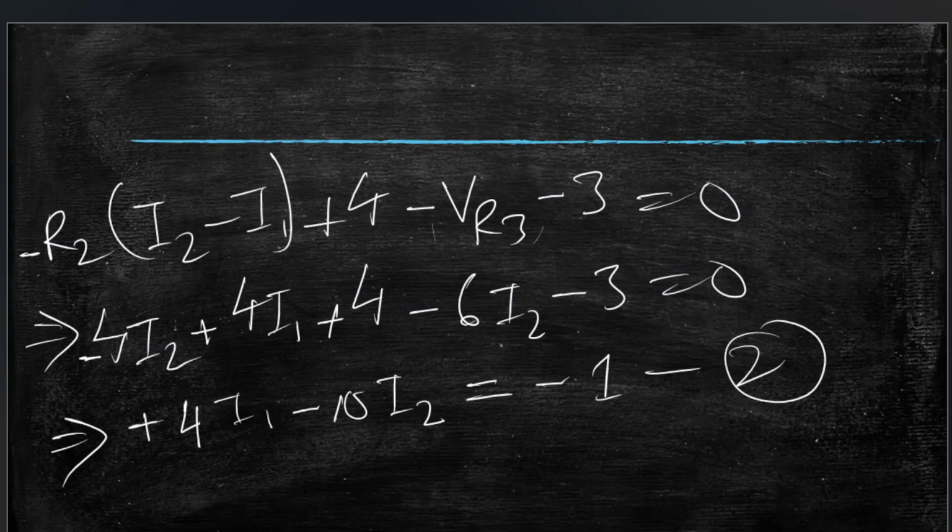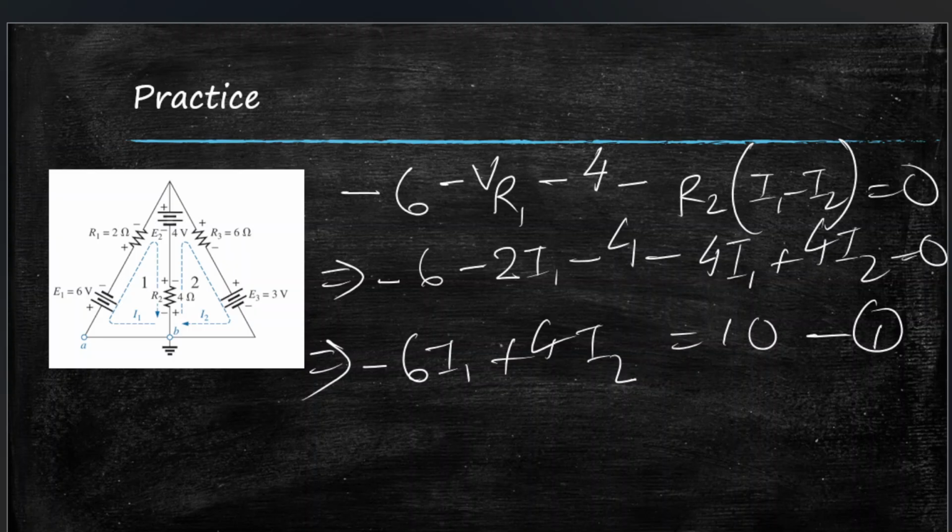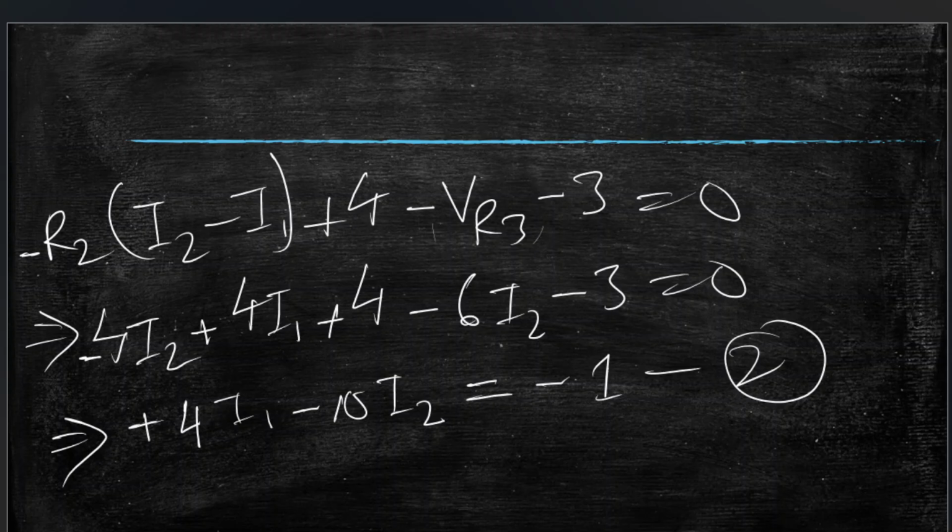Now let's solve it with the calculator. Again, 2 linear equations. So we have minus 6 plus 4 equal to 10. And then plus 4 minus 10 minus 1.